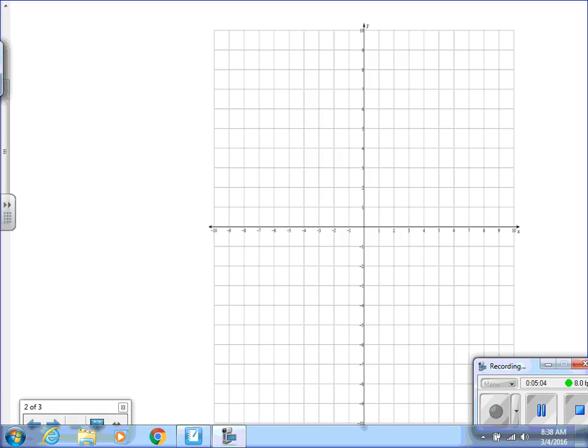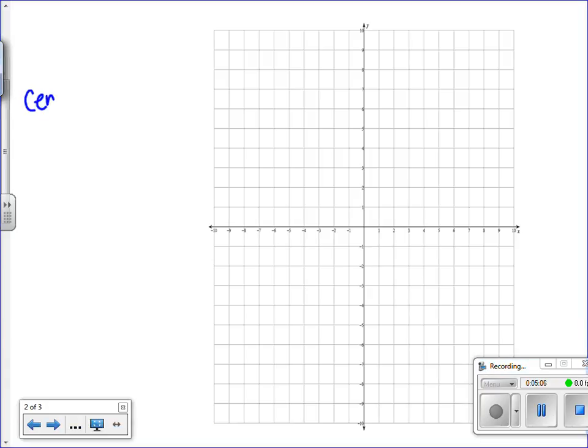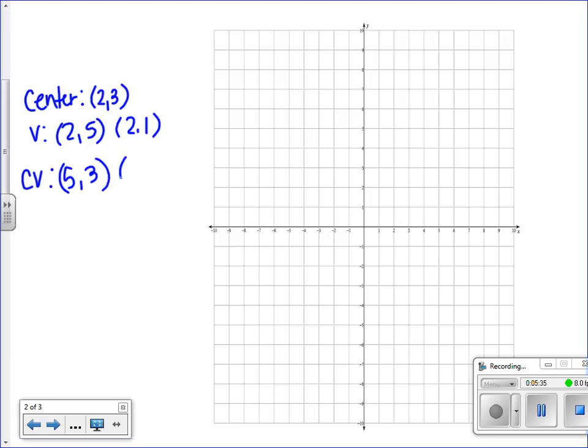Alright, what is the center? I don't have it anymore, so you have to tell me everything. 2, 3. What are the vertices? 2, 5, and 2, 1. Did anybody find the co-vertices? No. What is b? I really like the co-vertices. b is 3. Okay, and it opens up and down. So that's going to be 5, 3, and negative 1, 3.